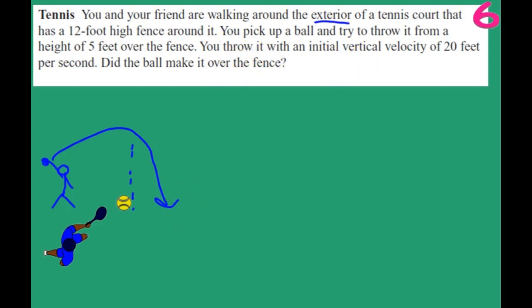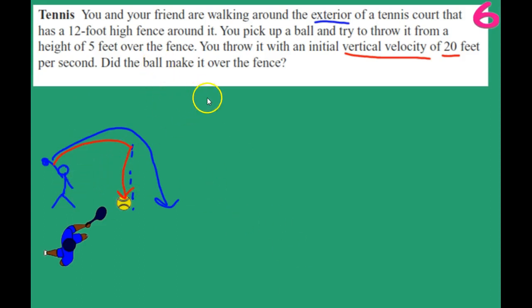You throw it with an initial vertical velocity of 20 feet per second. Did the ball make it over the fence? So we need to see, does the ball make it over or does it hit the fence and fall to the ground? So there are a couple different options here.